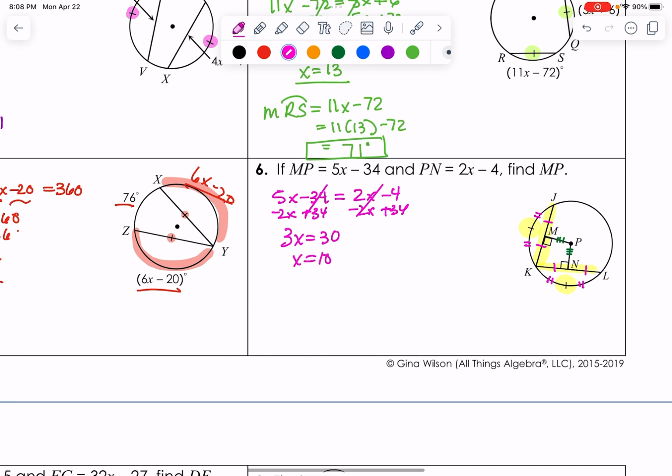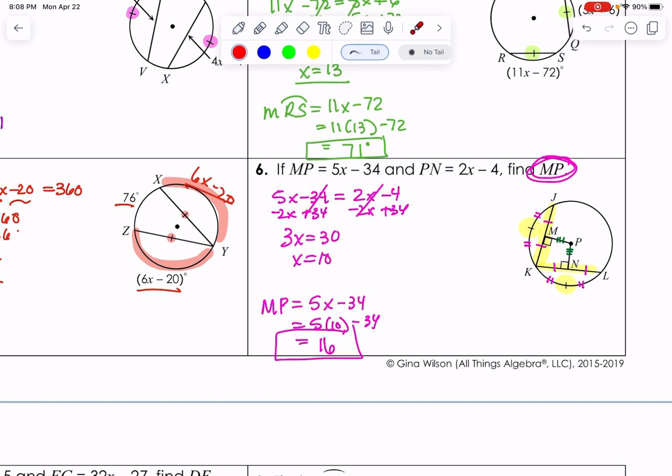But that's not what I asked you for. I asked for MP. So MP is 5x minus 34. That's 5 times 10 minus 34, which is 16. So all because I told you that one set of chords was congruent, and their corresponding arcs are congruent, and they're perpendicular, and they're equal distance, and they're bisected. All of that comes just like a row of dominoes.